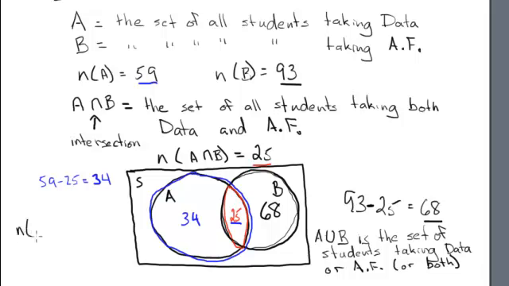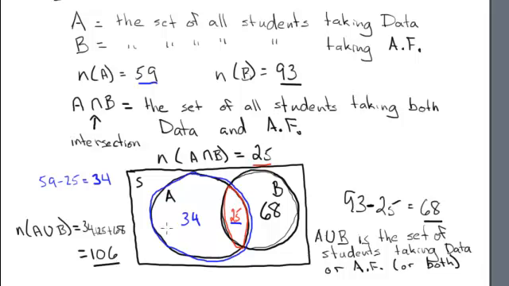So the number of students in A or B is equal to 34 plus 25 plus 68, which is 106.